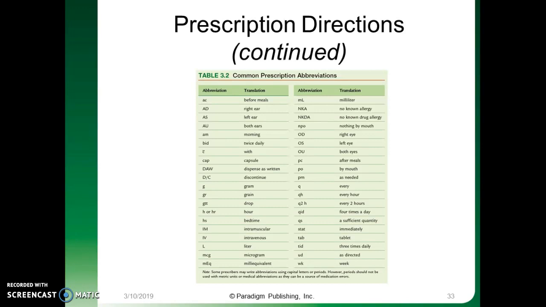And then you have AD, which means right ear, AS, left ear, AU, both ears, AM, in the morning, DAW, dispense as written, D/C means discontinued. Let's see, H or HR means hours, HS means at bedtime.